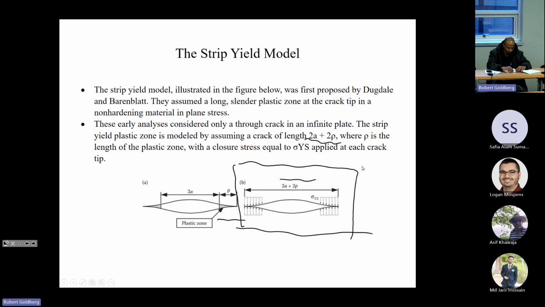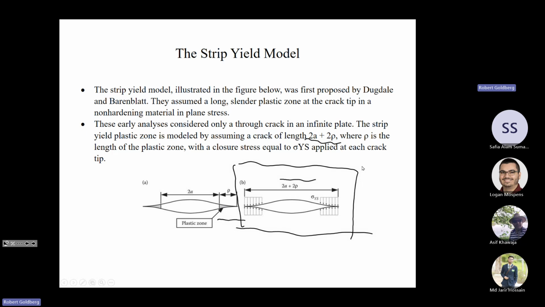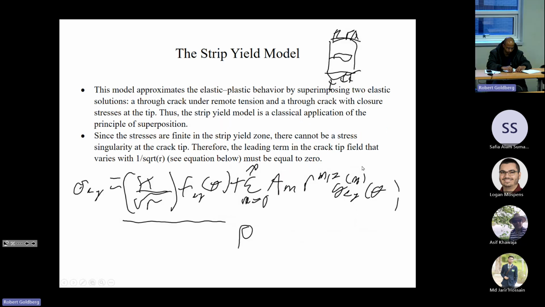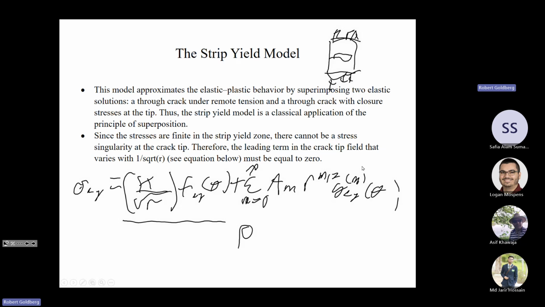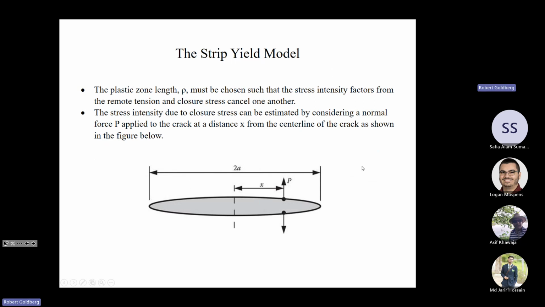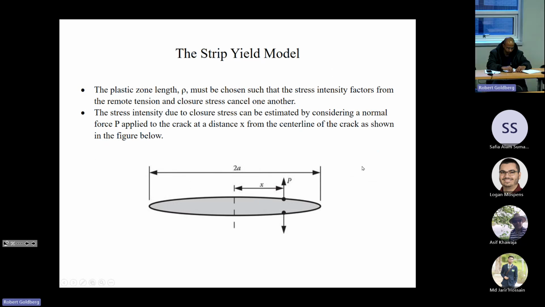So the stress intensity factors from these two cases have to cancel each other out in order for these approximations that we're making to be valid. So how do we determine the stress intensity factor due to the closure stress?